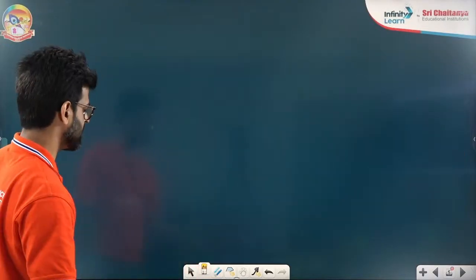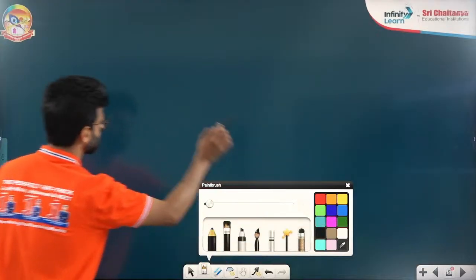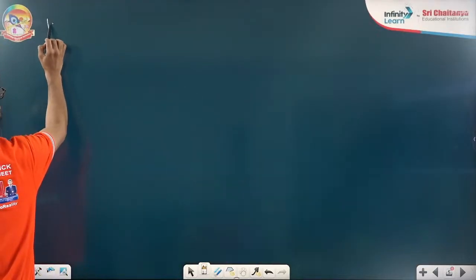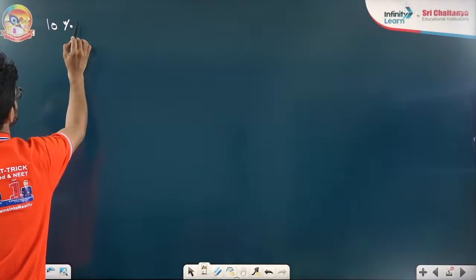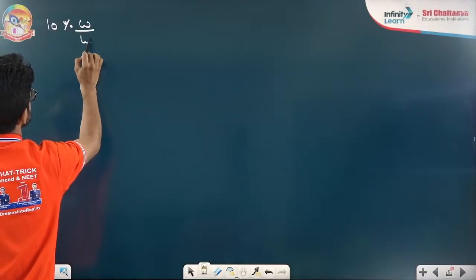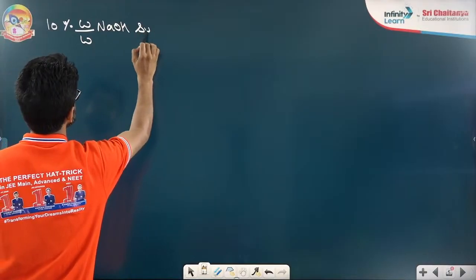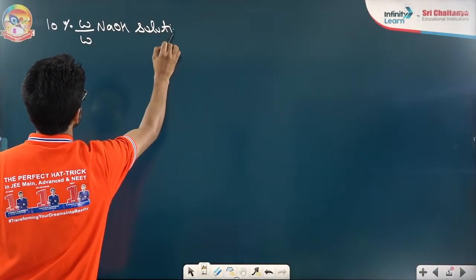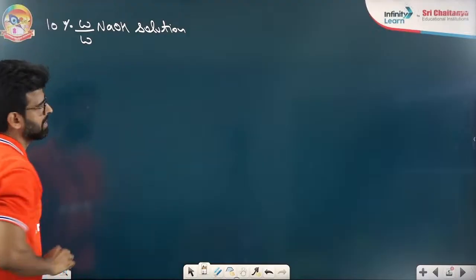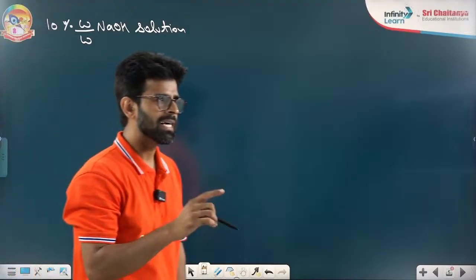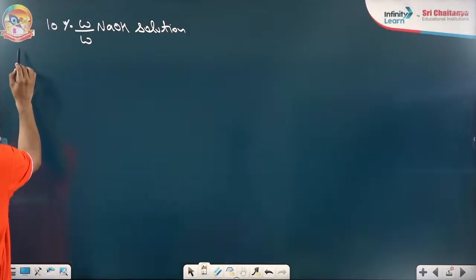So what is the writing here? They're writing we are having 10% weight by weight NaOH solution, right? And in this solution, they're asking what is the mole fraction of NaOH. How will we write this? What is the meaning of this?